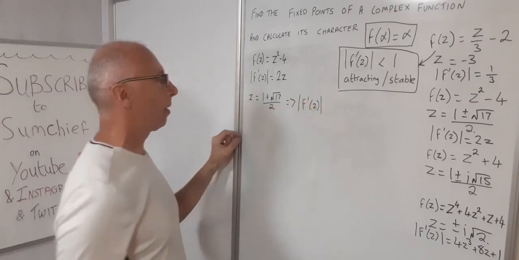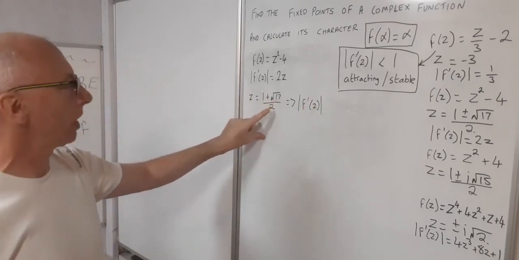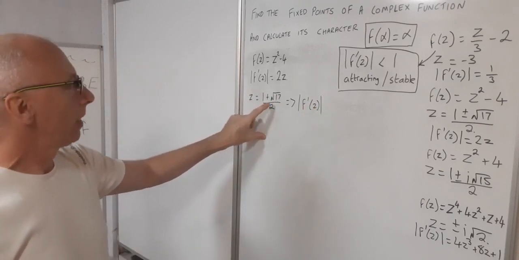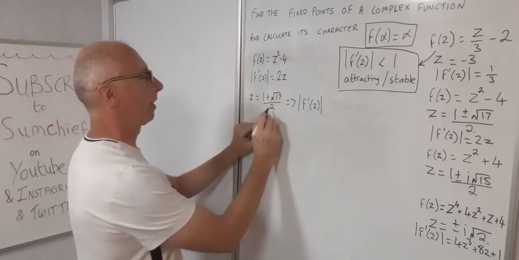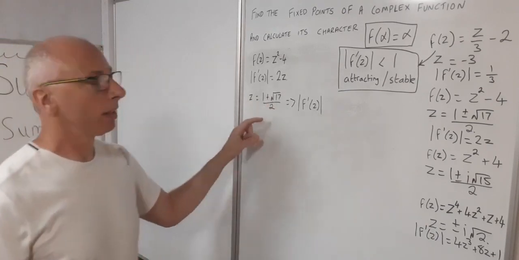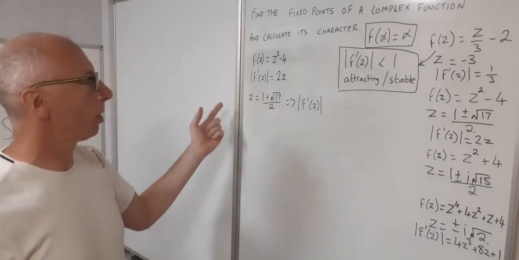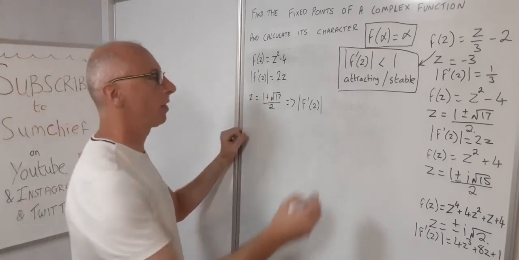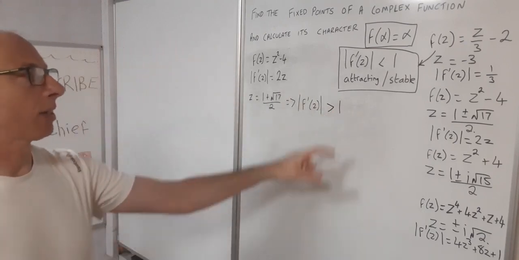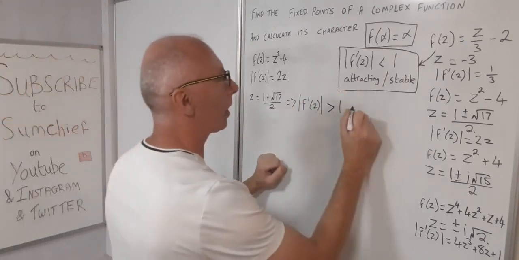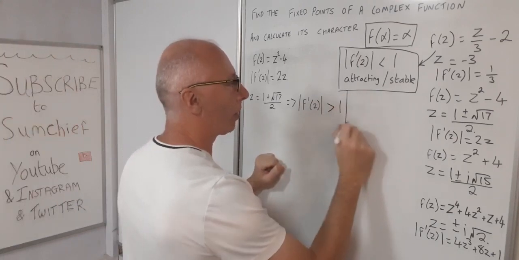Let's see what we get for that one. So 1 plus square root of 17 over 2, multiply that by 2. So therefore we're going to get 1 plus square root of 17. So 1 plus square root of 17 is approximately just over 5. So therefore this is greater than 1. So that's going to have different characteristics than this one here. So let's write the rule up for this one.